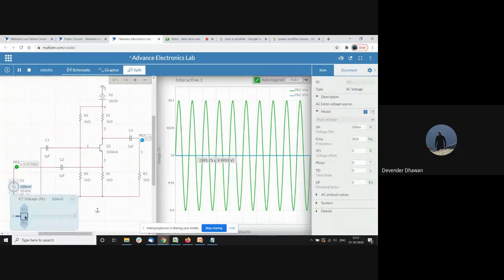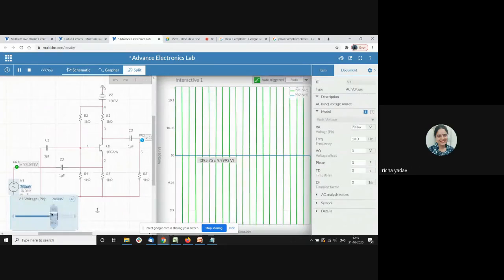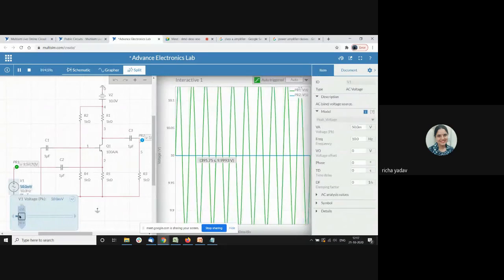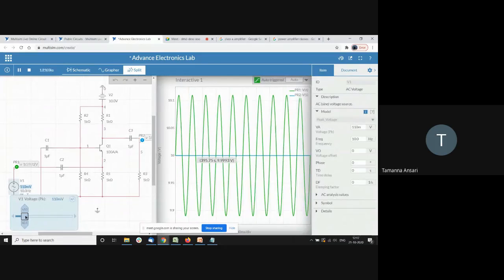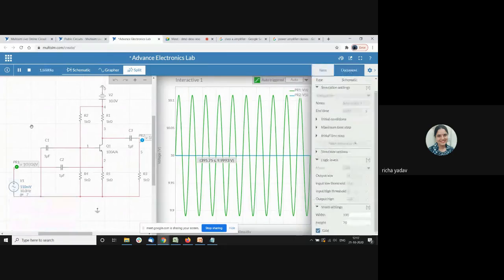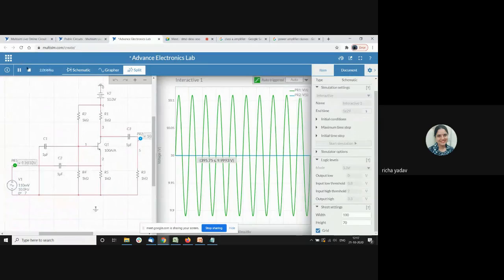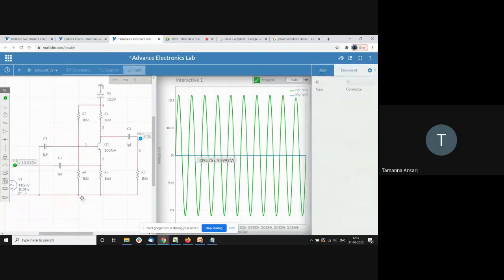Let me just try to make some changes here. Sir, base is not grounded. Sir, ground is also not connected. Sir, C1 should be connected with ground. Base capacitor, okay. Ground is not connected, got it.